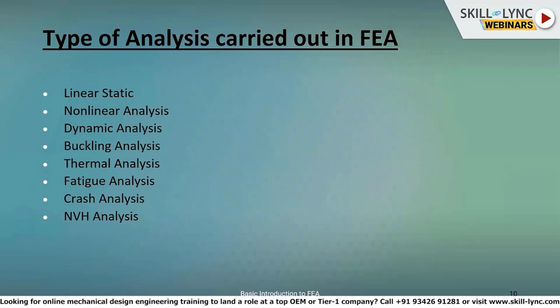Then we can assume that it has all linear properties, like material properties which are constant throughout the simulation. Its geometry is not changing, and it is not going under any nonlinearity in this simulation. So it is a very simple analysis, very easy for the software to solve. And over here, we can also apply the superposition method, and the results can be scalable.